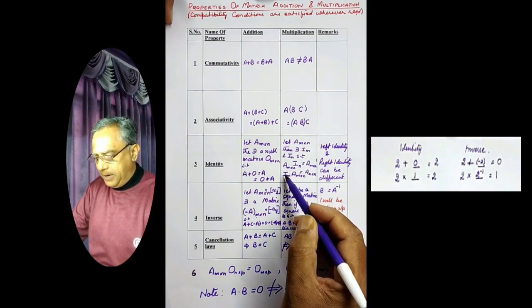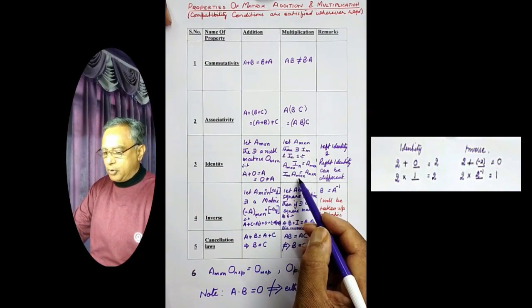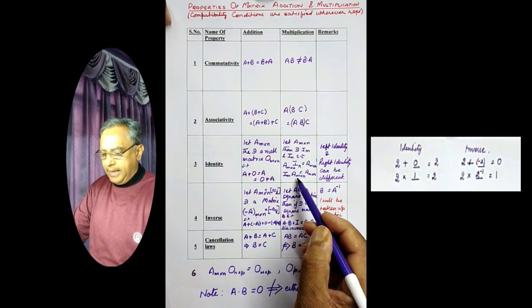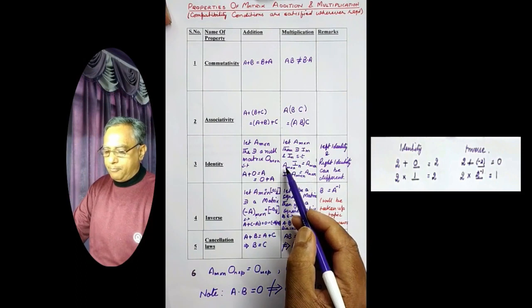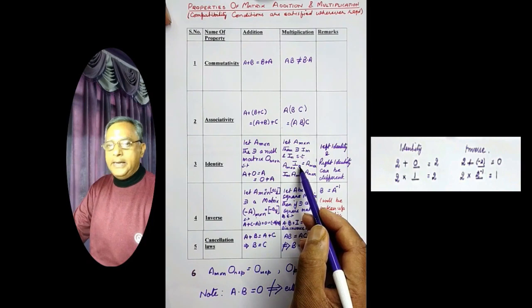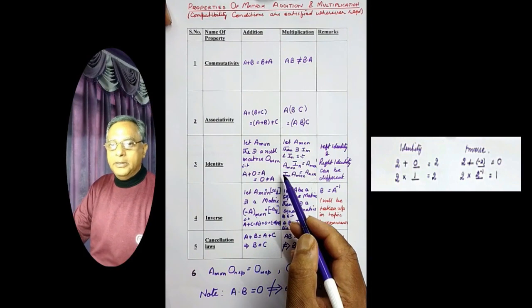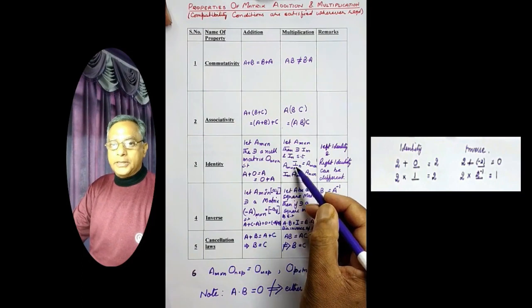If we pre-multiply with the identity matrix, we get I m into A m cross n. Here I m is m cross m and A is m cross n, so the compatibility condition is satisfied and the result is again m cross n. So for post-multiplication of A with I, we must have I n, and for pre-multiplication, we must have I m. There is a difference, so you must note this down.